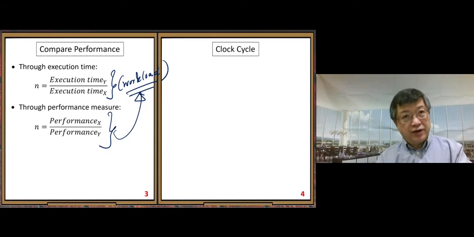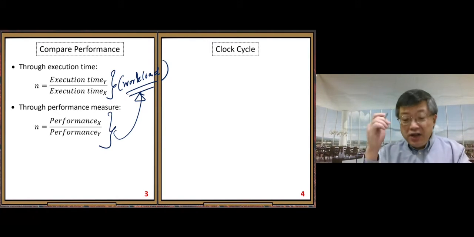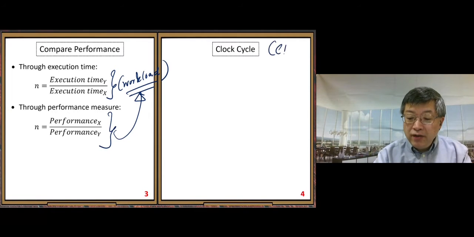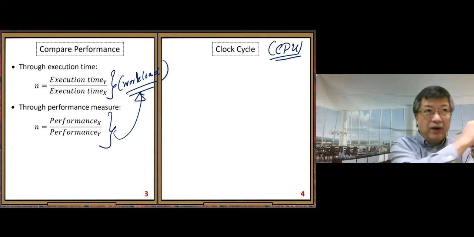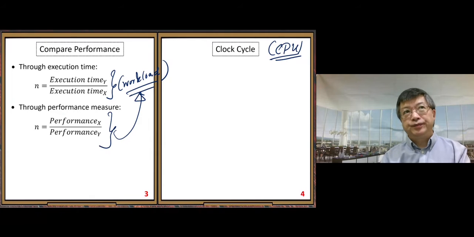First, the concept, clock cycle. I mentioned that before. Inside the CPU, there is a special clock, different from our regular clock, but a very important clock.